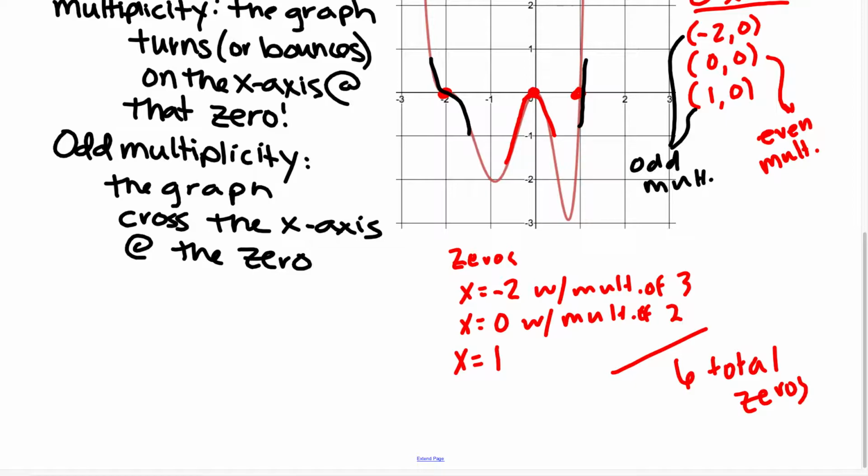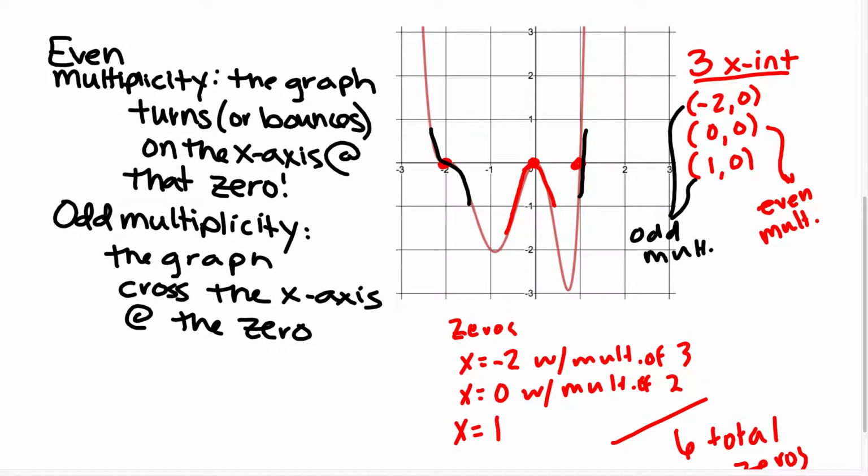And end behaviors going up on both sides, would that be a degree 6? Yeah. Whereas if we didn't have this conversation about multiplicity, and you said there are 3 x-intercepts, so there are 3 zeros, you might assume the degree would be 3, but that would mean I'd have to have opposite end behaviors. So we know something's up, and there has to be a multiplicity there.